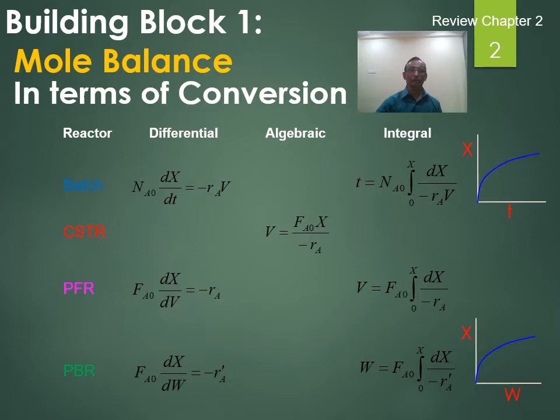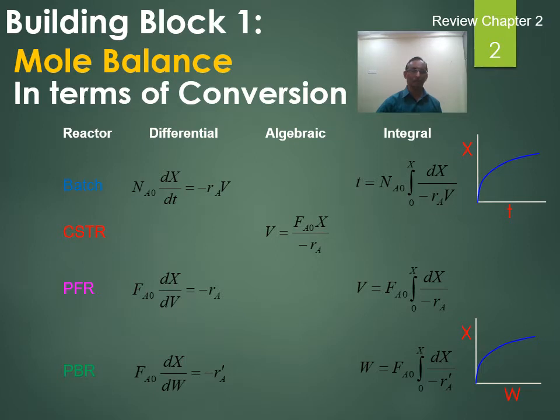Then CSTR, we are going to identify the volume to size that particular reactor, that is V is equal to FA0 X divided by minus RA. In PFR we have the relation FA0 dX by dV equal to minus RA, and V is equal to FA0 integral of 0 to X dX by minus RA.